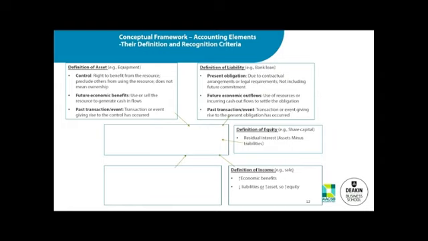But we cannot include all of these increases in economic benefit as income. Why? Because we do have an exception, and the exception is that when there are contributions by the owners, it increases economic benefit, but is not necessarily an income for the business.